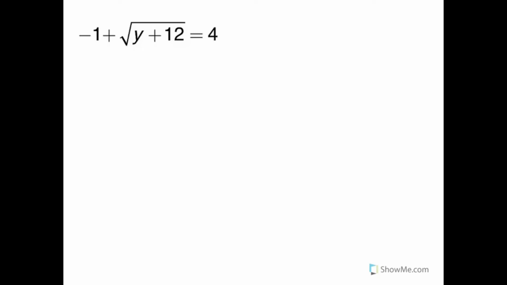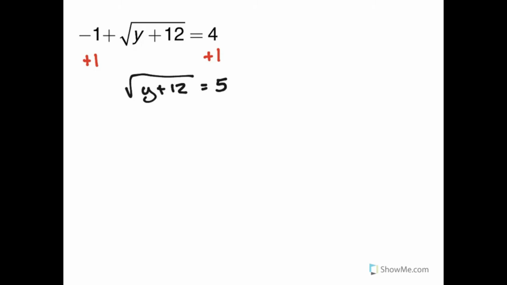Here's another radical equation. Negative 1 plus the square root of y plus 12 equals 4. If your square root is not alone on one side, it's more difficult to get rid of the square root. So let's start by adding 1 to each side. That will give me the square root of y plus 12 is equal to 5.